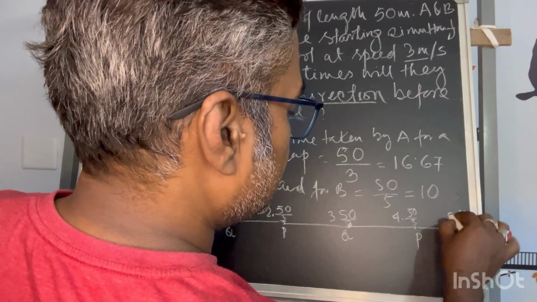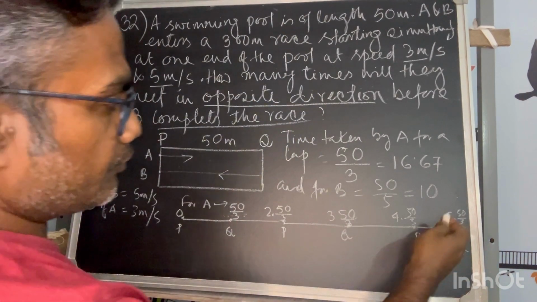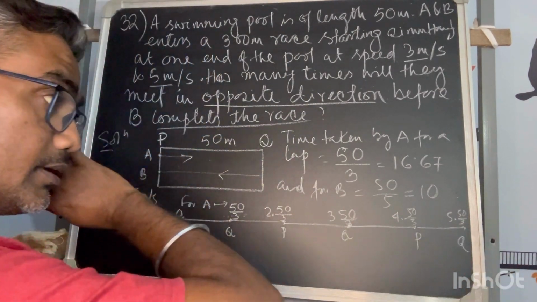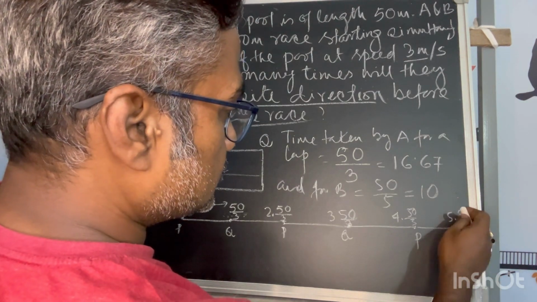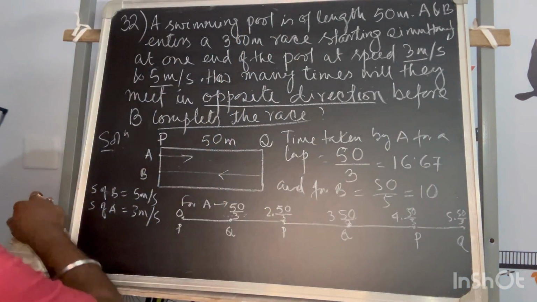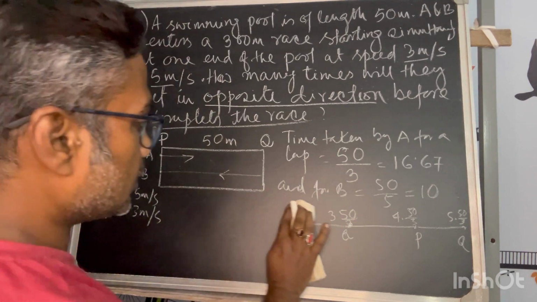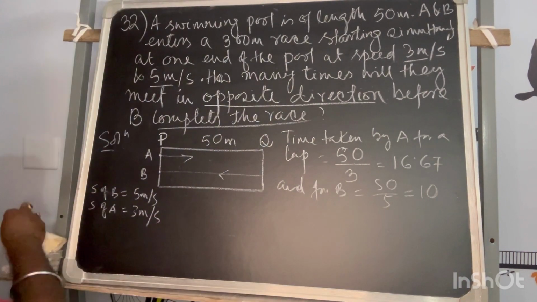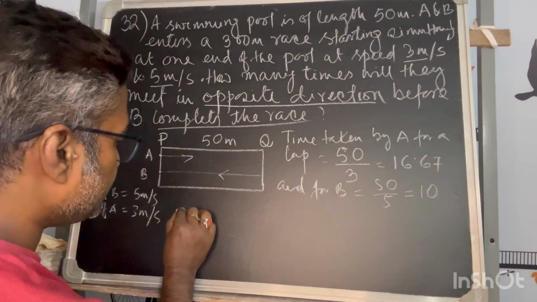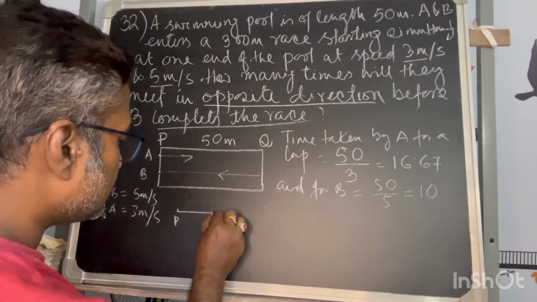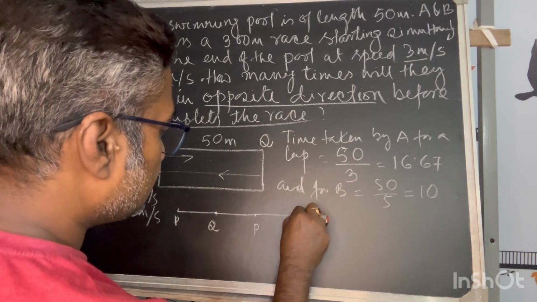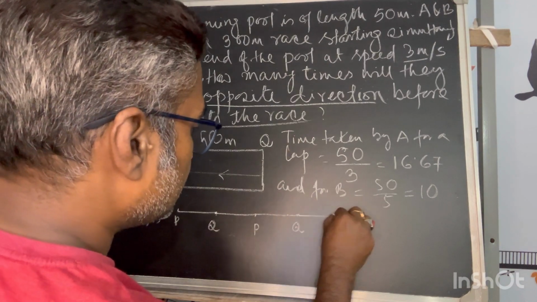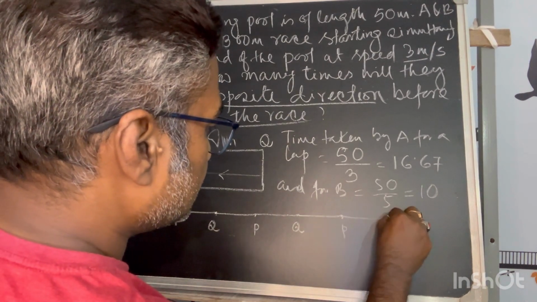I don't think he will be able to go for a 6th lap, but let me take it a little smaller so that I can accommodate up to the 6th lap. This is P first, then Q, then P again, then Q again, then P again, then Q again.